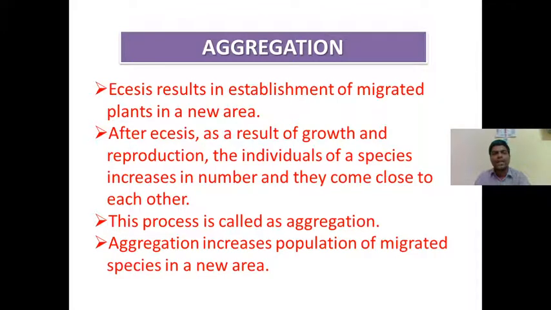These seeds will again germinate, growth and development will take place, and these germinated plants will become adult in the course of time. So one migrated plant species will produce several plants from their seeds, and this production of several plants is known as aggregation, and aggregation results in increase of population of that migrated plant.